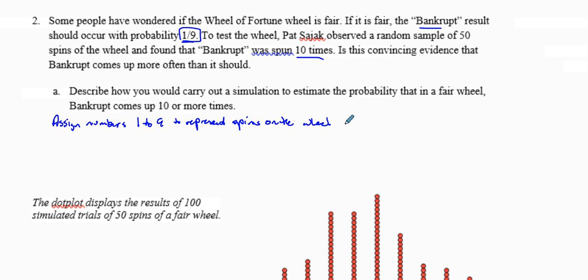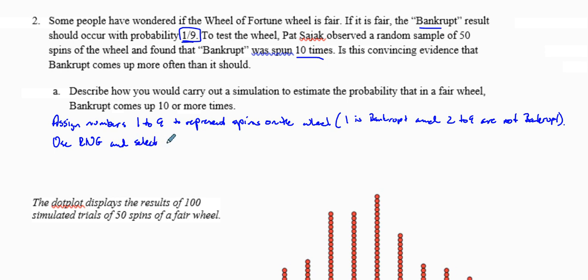The device we're going to use is a random number generator, and 1 is bankrupt and 2 to 9 are not bankrupt. What we want to find out is, we're going to use a random number generator and select a number 1 to 9.